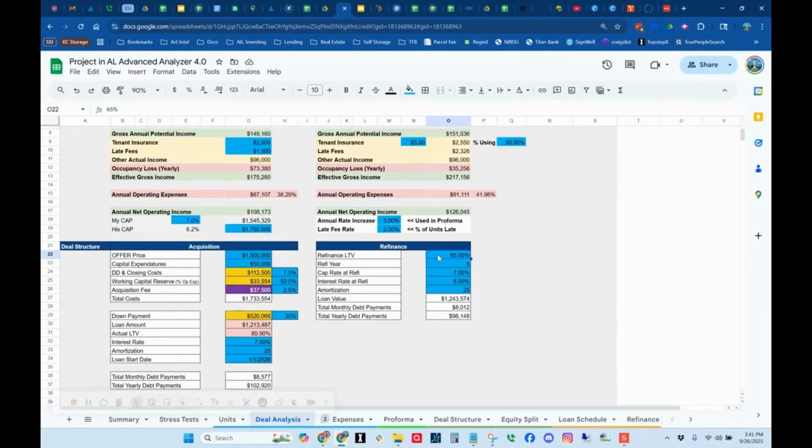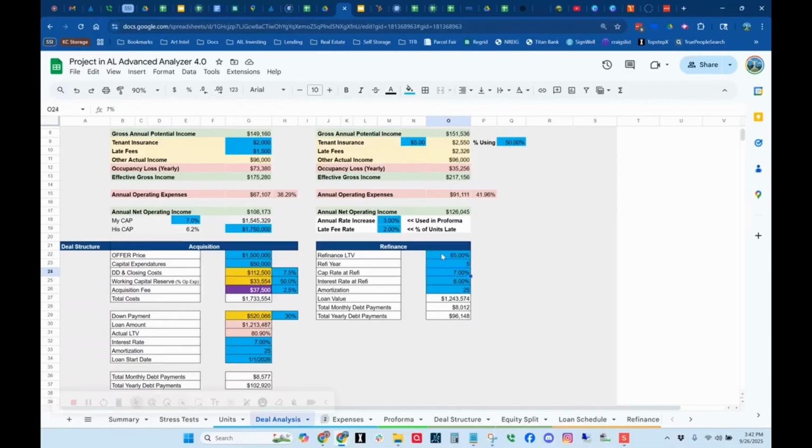Sometimes they'll only do 65%. Sometimes you'll only want to refinance like 50%. So it just depends on what your business plan wants. The refi year is how many years you will be running the facility before you refinance it. So this one we're going to refinance in year 5.